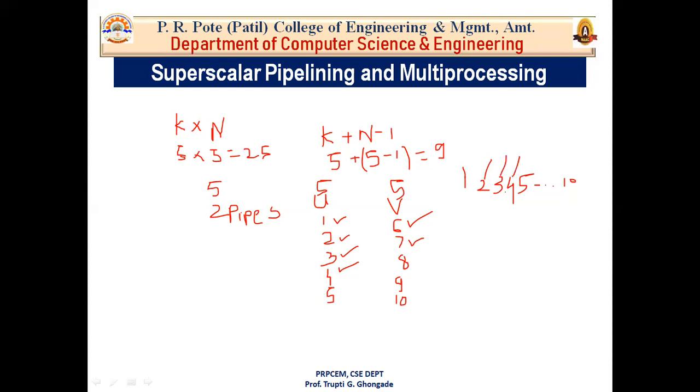Now while decoding 3 and 4, again 5 goes in the U pipe and 6 goes in the V pipe. Okay, so likewise your Pentium 5-stage pipeline processor will execute 10 instructions at a time. This is the concept of multiple pipes, which is also called superscalar pipelining.